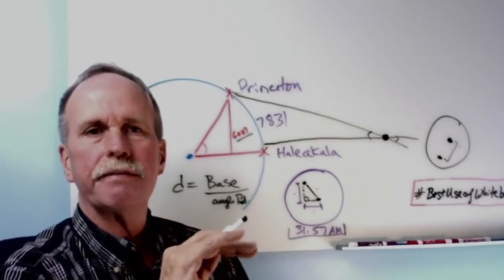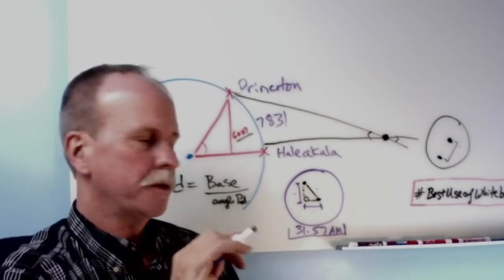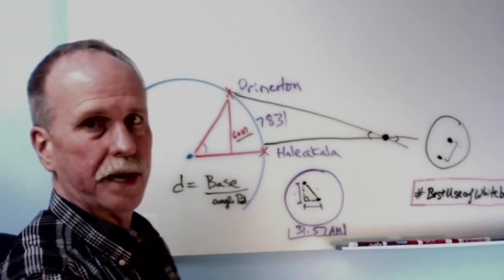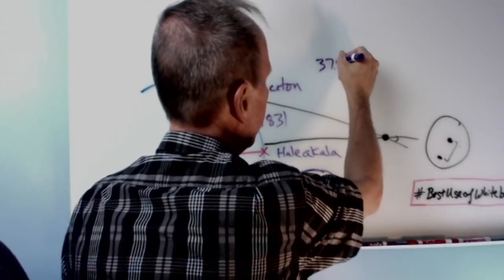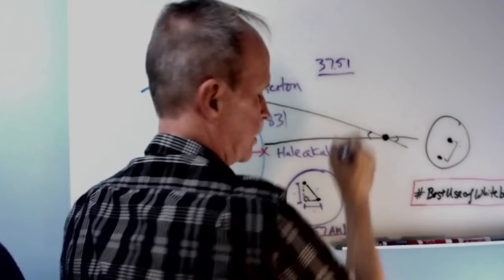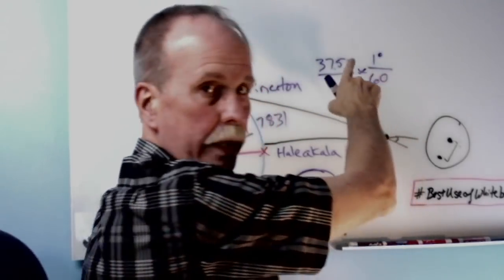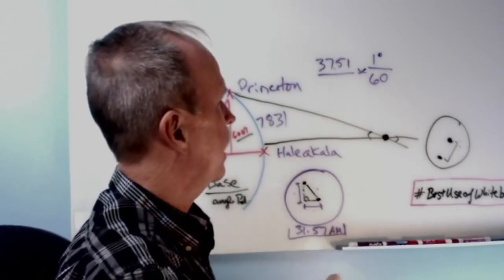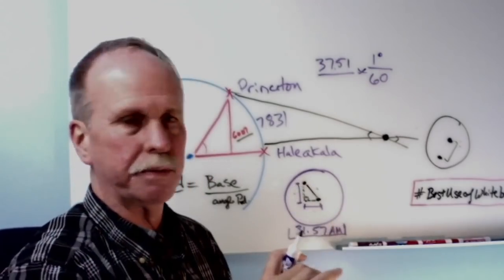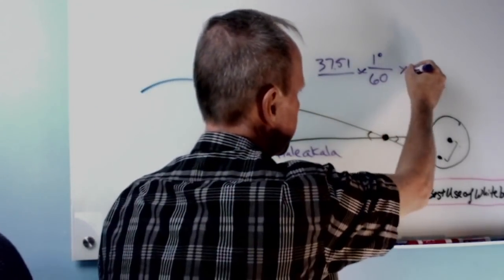So we're going to convert everything to radians. So the way we convert that to radians is rather simple. So we have 37.51 arc minutes. All right. In 1 degree, there are 60 arc minutes. So now we have our answer in degrees. Finally, we convert to radians.